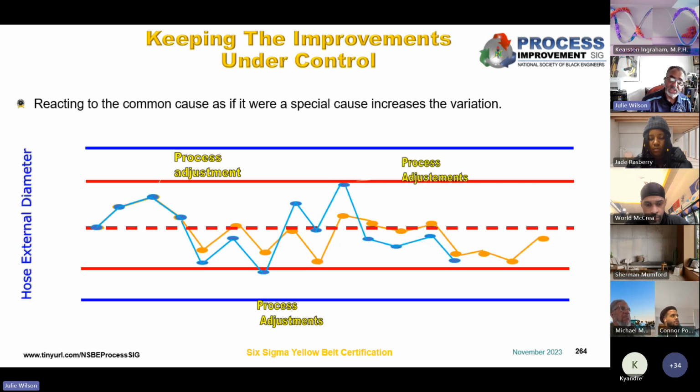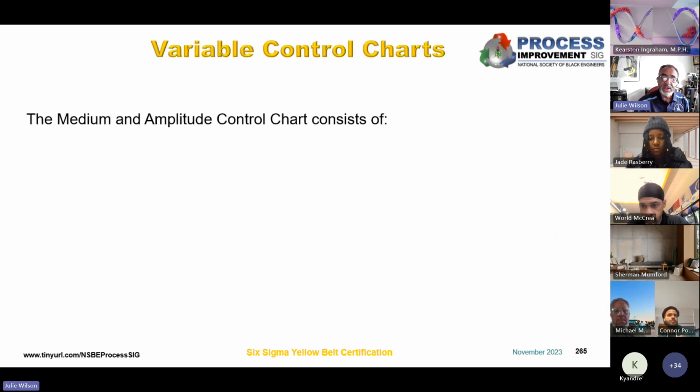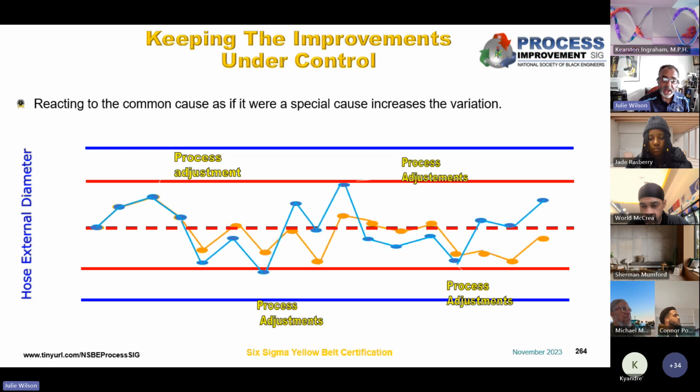So they make another process adjustment, and it comes back down. Then they make another, and it goes back up. So notice, by responding to the short-term trends and making adjustments to the process, they actually introduced variability which normally would not have been there.